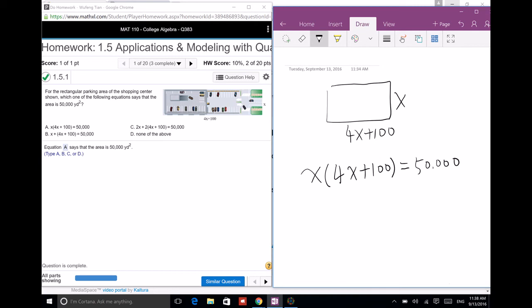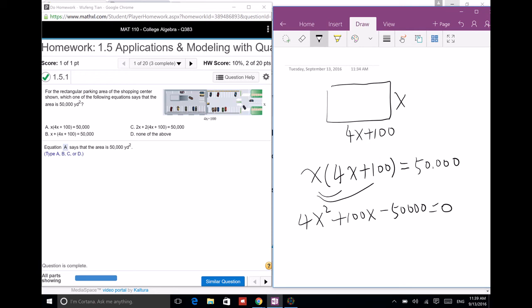And then you just need to solve this equation. And how to solve this? This is a quadratic equation, but it's not in standard form. You just need to distribute it. So you have 4x squared plus 100x minus 50,000 equals 0. Then you can apply either the quadratic formula or factor it.